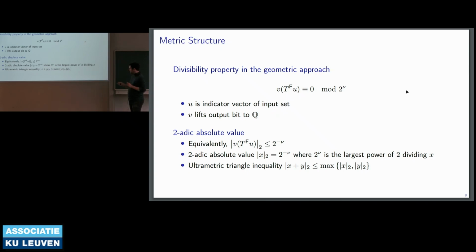And unlike the standard absolute value that you use, it has a stronger triangle inequality, which we call the ultrametric or non-Archimedean triangle inequality, which bounds the absolute value of the sum of two numbers by the maximum of the absolute values of these numbers.